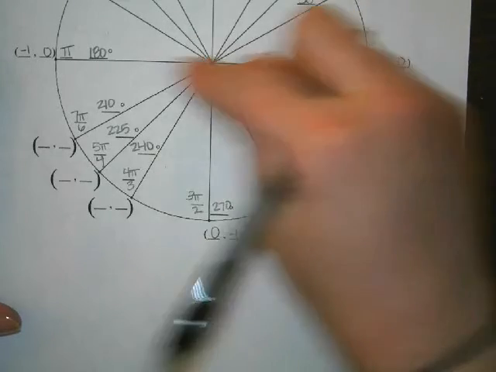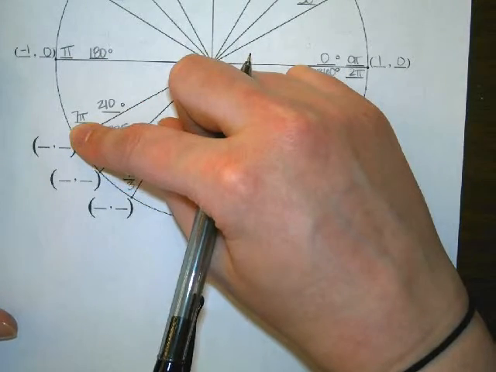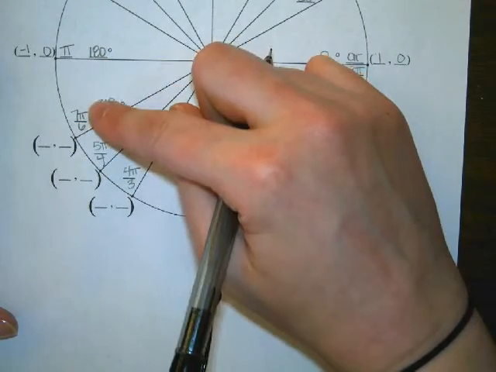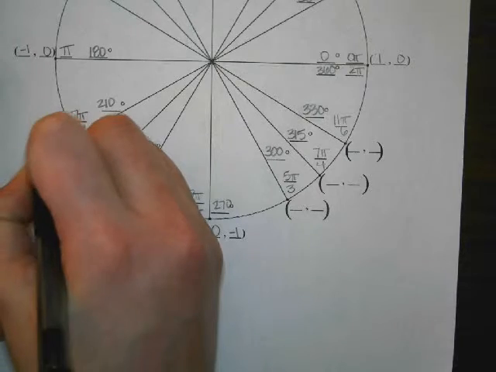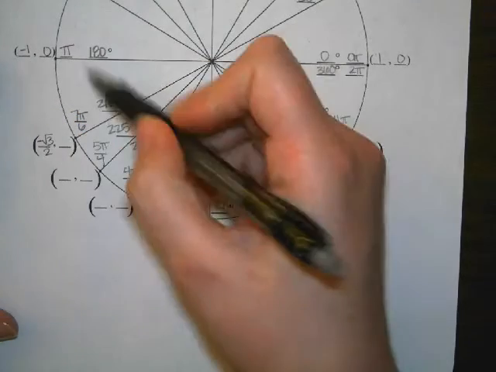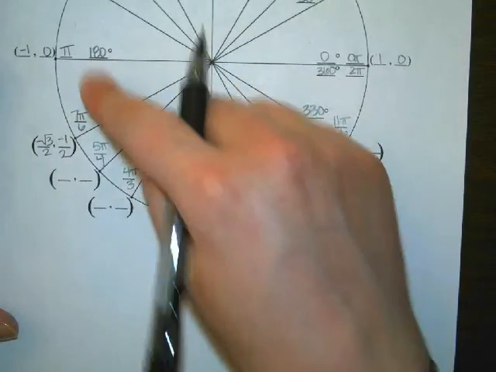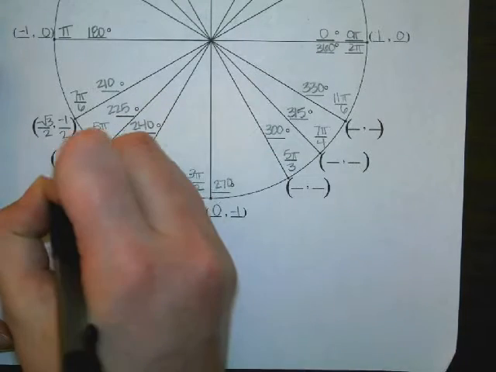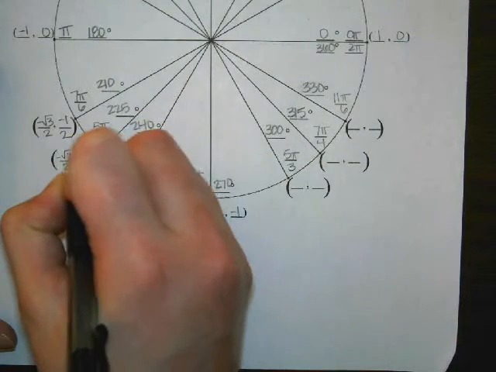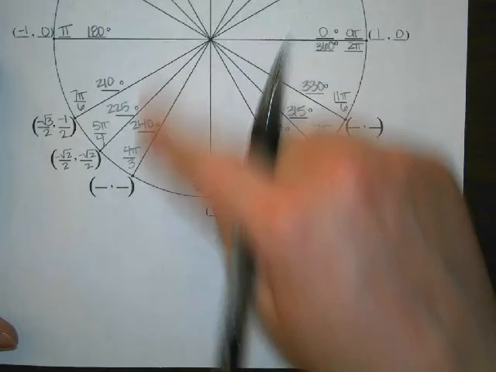So this one is left a lot, down a little bit. Negative root 3 over 2, and negative 1/2. So left and down the same amount. Negative root 2 over 2, negative root 2 over 2. Left a little bit, down a lot.